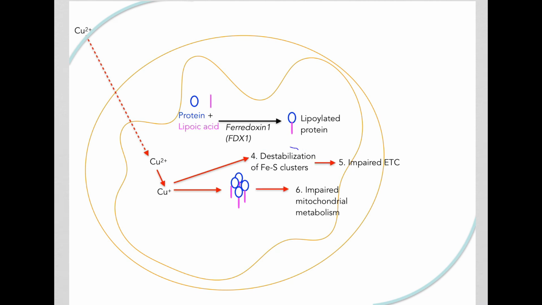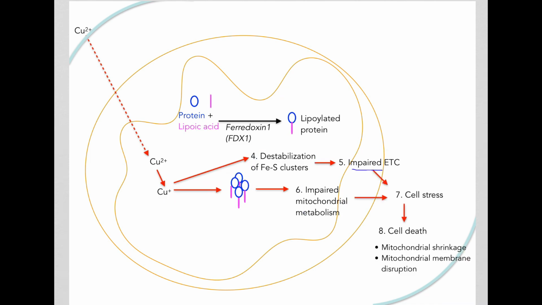Now recall that iron-sulfur clusters are very predominant in the electron transport chain. So this destabilization of iron-sulfur clusters by Cu+ is going to impair the function of the electron transport chain, while all these lipoylated proteins that are aggregated are going to impair the pyruvate dehydrogenase complex and components of the Krebs cycle, and that's going to lead to impaired mitochondrial metabolism.